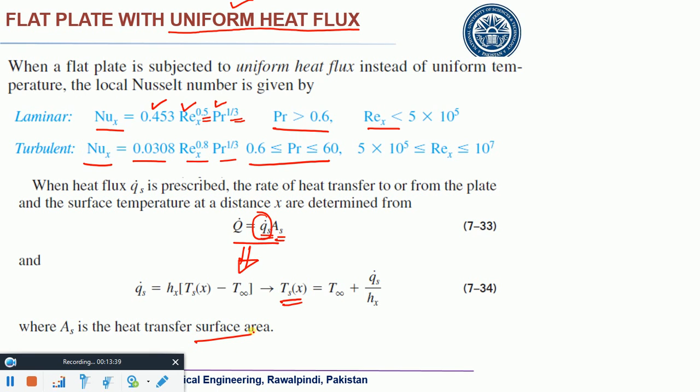This is just a description of how to find out that Ts. Okay, any question? The important conceptual point in these studies is how to use particular relationships with particular assumptions and how to extract a few parameters out of it.